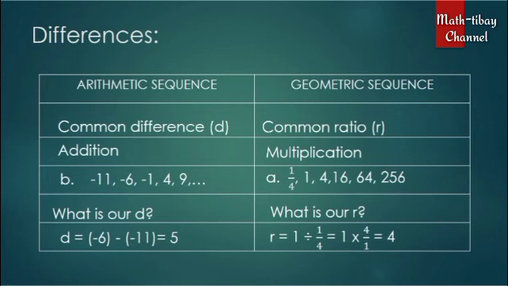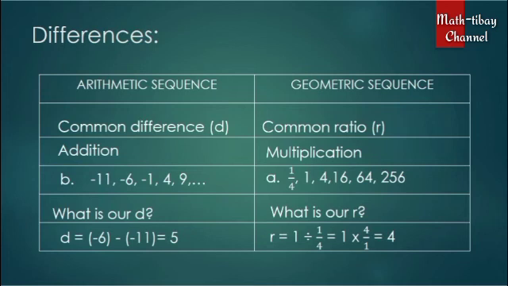Then for geometric sequence, our first term is 1/4 and our second term is 1. What is our R, or the common ratio? To find the common ratio, simply divide the second term by the first term. So we divide 1 by 1/4.